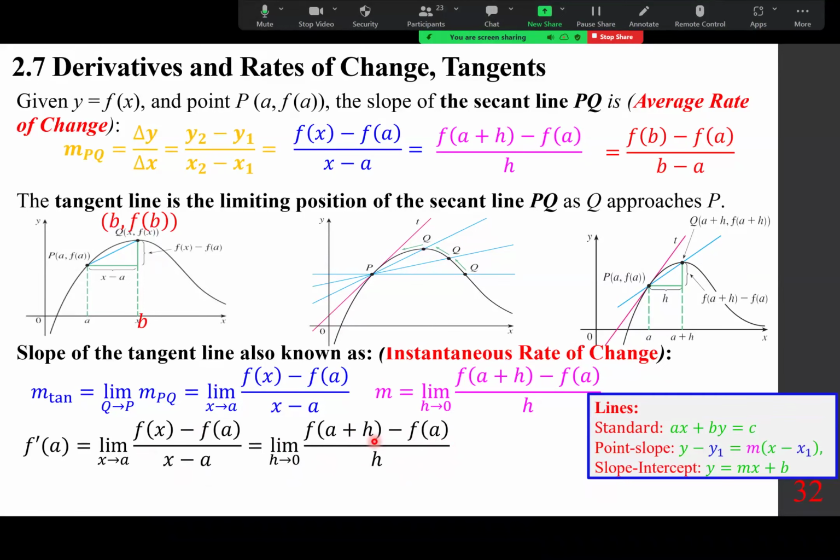And we remember the equations of lines: standard form is ax plus by equals c. Point slope is y minus y1 equals m times x minus x sub 1. And slope-intercept is y equals mx plus b.